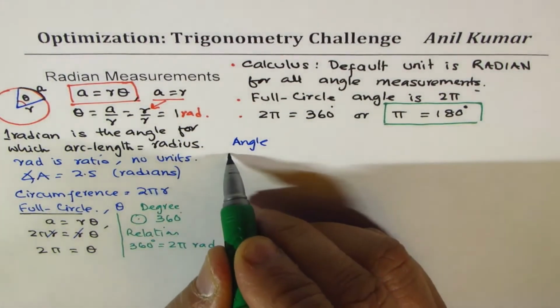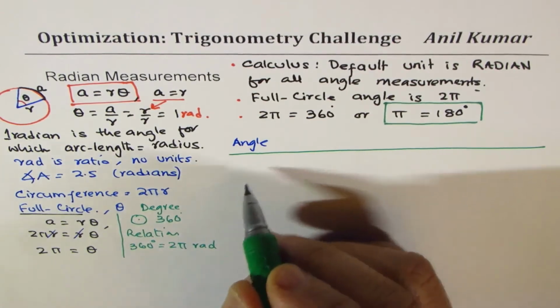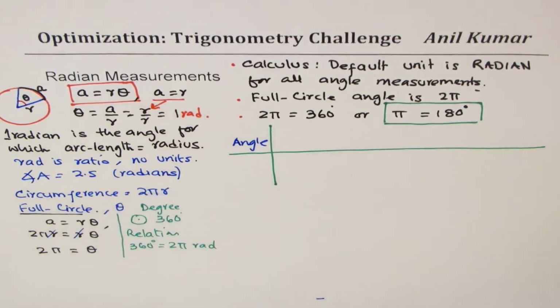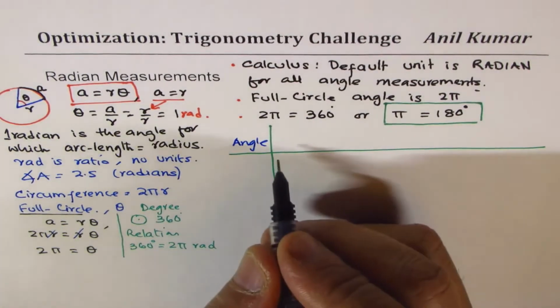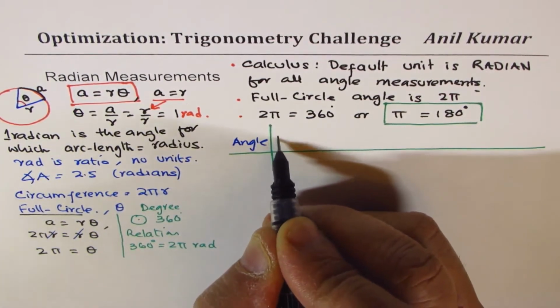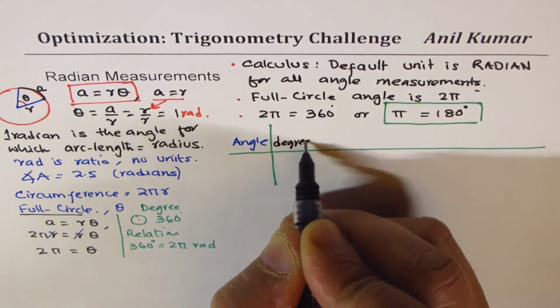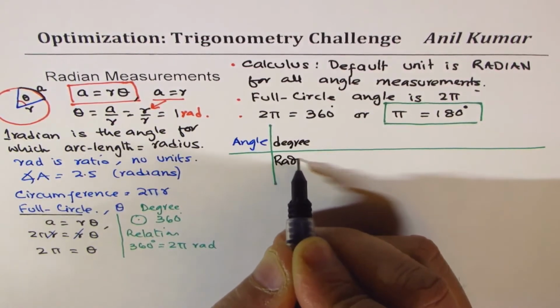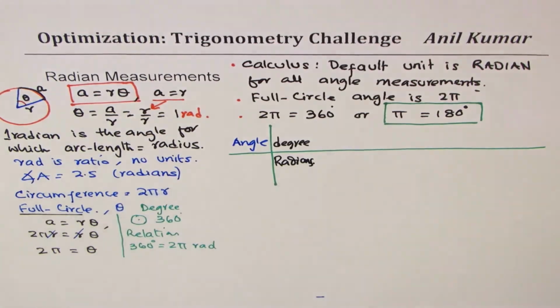Let me give you a few examples here. Let us say angle in degrees and in radians.